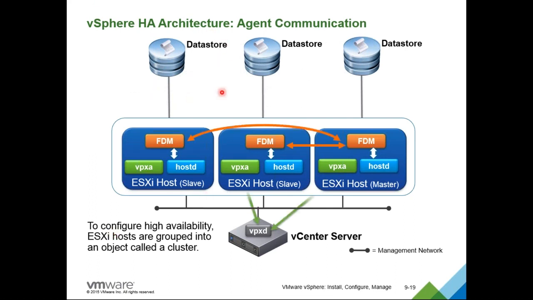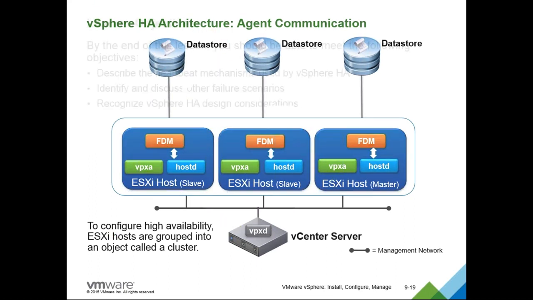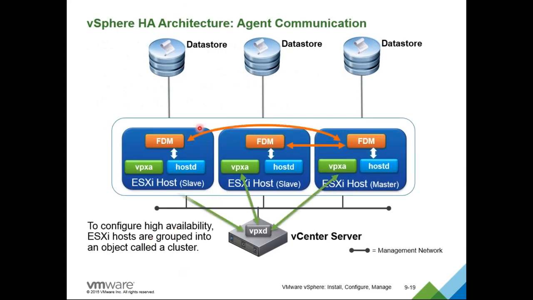So coming to the architecture, by default HA should be enabled on a 2-node cluster. Whenever you deploy an ESXi cluster, the minimum requirement is 2 ESXi hosts.